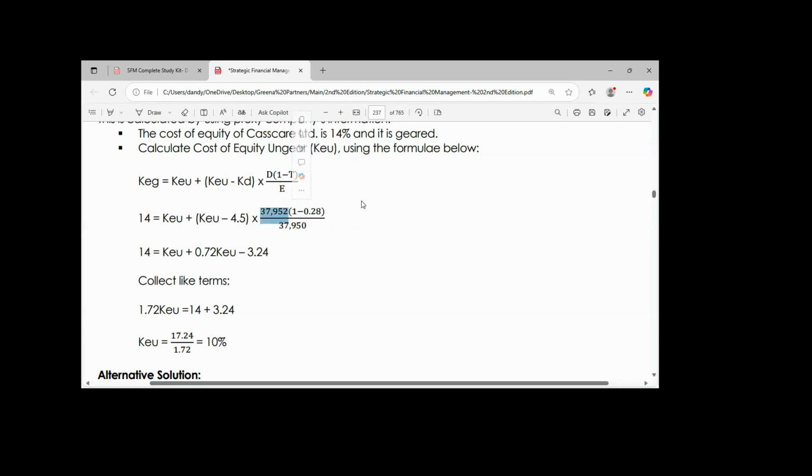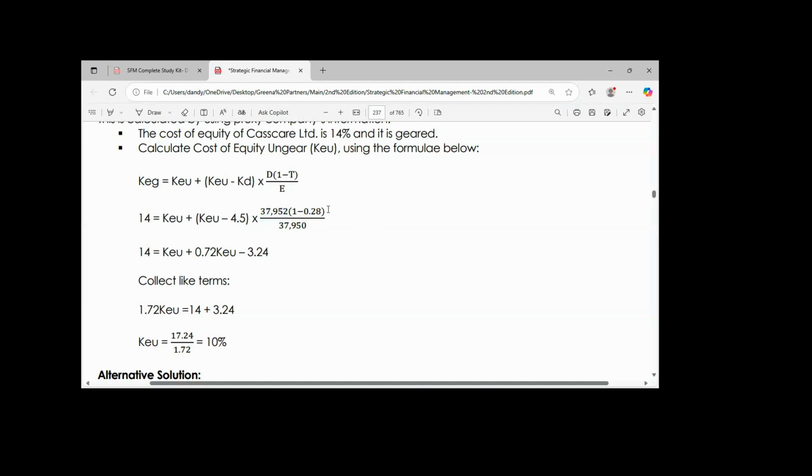The market price of the bond is 94.88, usually quoted per 100 naira. Therefore, 94.88 divided by 100 will give you 0.9488. Then you multiply that with the nominal value of 40,000. So that's what produced the 37,952.